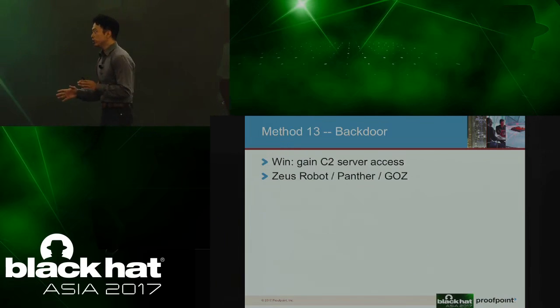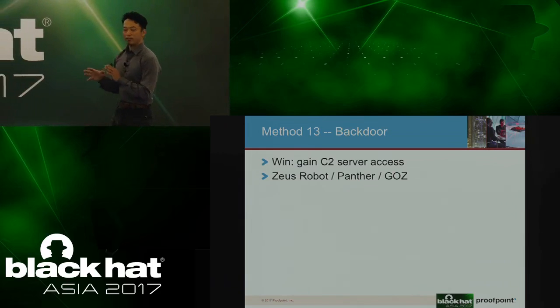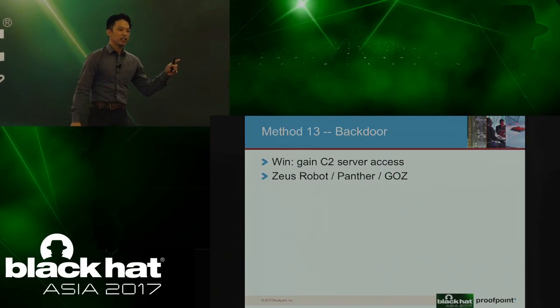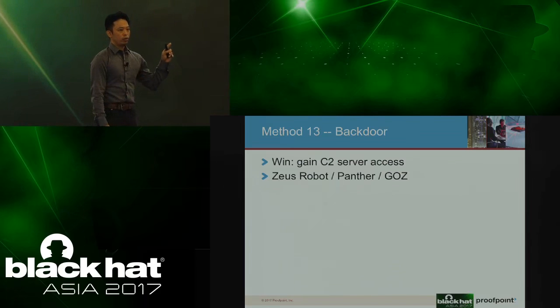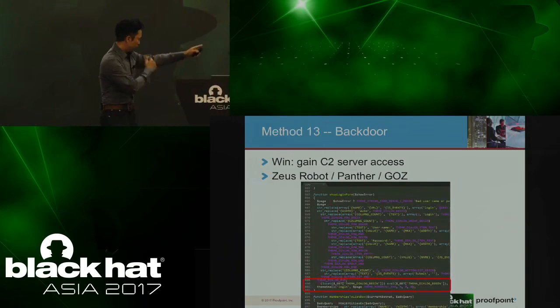Somehow these groups use the same version of Zeus that they probably bought from somebody, and somebody injected a backdoor into that version of Zeus. We never figured out who. But the code was there.